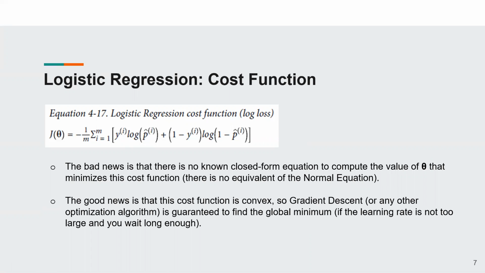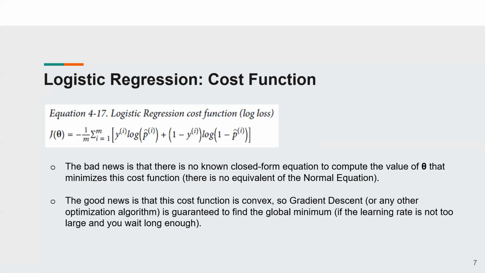The bad news is that there's no known closed form equation to compute the theta that would minimize this cost function. In other words, there is no equivalent of the normal equation in linear regression. In linear regression, you're able to find that closed form to estimate theta. But in logistic regression, we're not able to figure it out by closed form to estimate that theta.